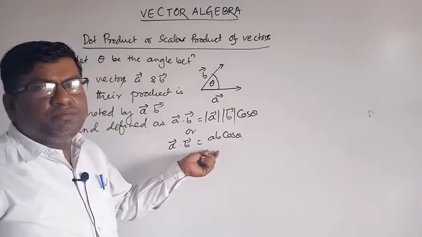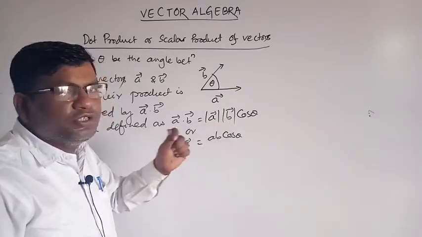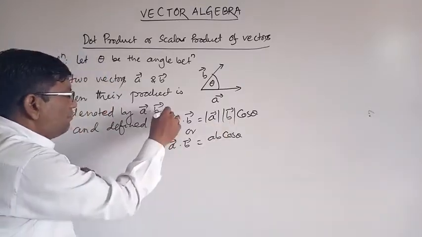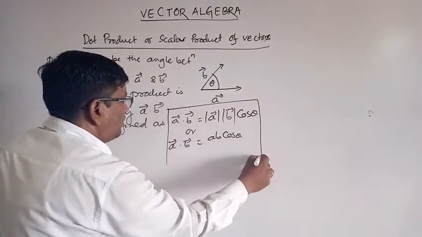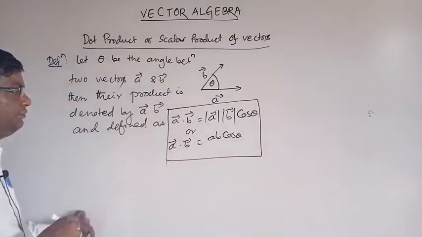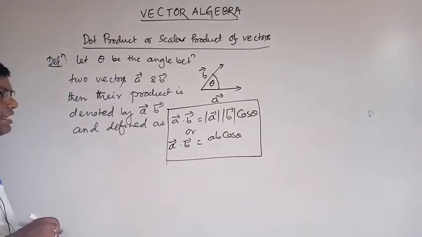Magnitude of A means simply A and magnitude of B means simply B. This is the dot product of two vectors. Clear? Now where theta is the angle between them.